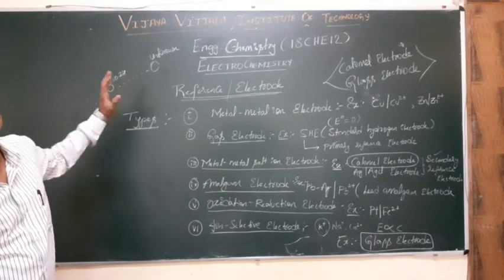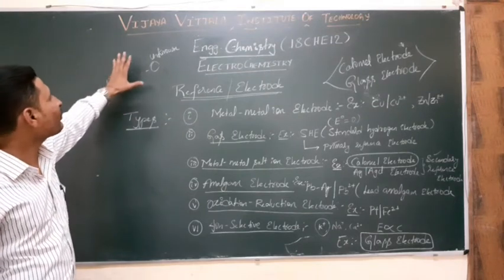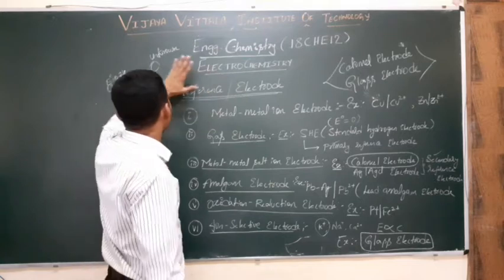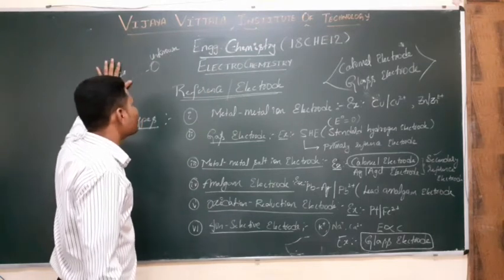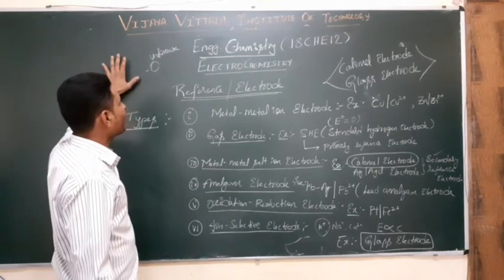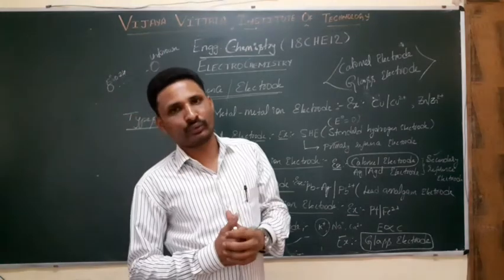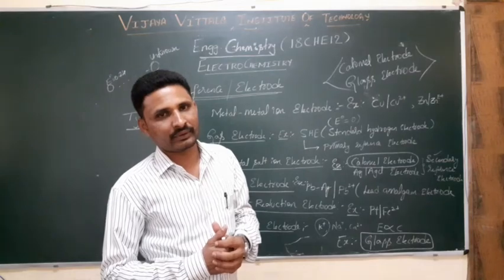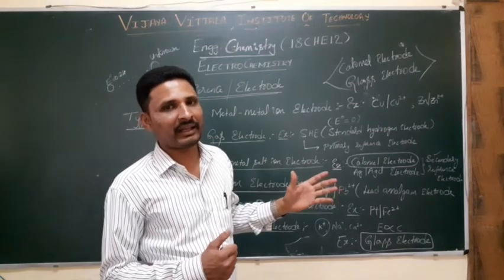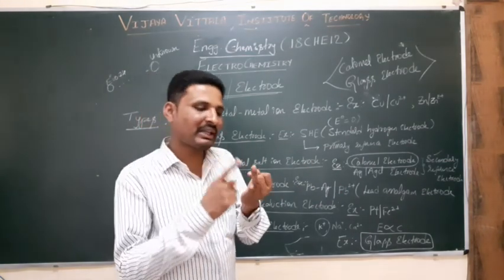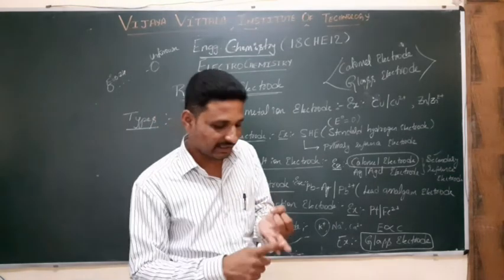What is a reference electrode? Reference electrodes are the electrodes with reference to which you can find out the electrode potential of any other electrode. In that, mainly there are two types, that is primary reference electrode and the secondary reference electrode.